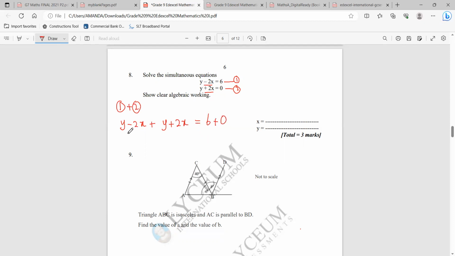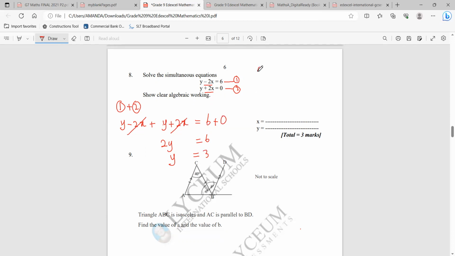Now I can see minus 2x plus 2x is eliminated. Y plus y is 2y equals 12. Now we know y equals 6.